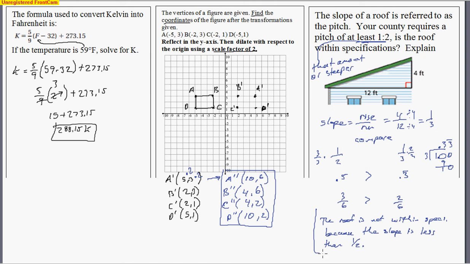And so you got to give me an explanation of why, and we did that because it had to be at least, and at least means greater than or equal to, when this one is less than. And so make sure you give me showing me how. You can't just say that 1/2 is greater than 1/3. You got to prove it either in the decimal form or coming up with a common denominator.